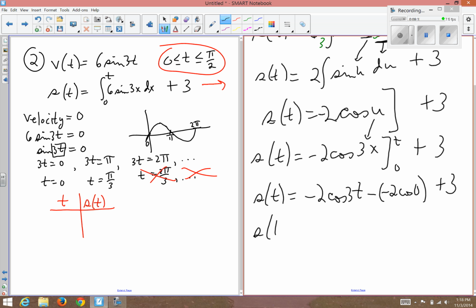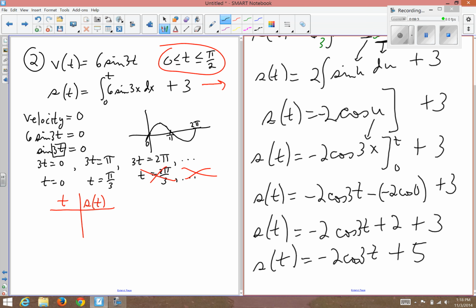So S of t equals negative 2 cosine 3t plus 2, since cosine of 0 is 1, plus 3. So S of t equals negative 2 cosine 3t plus 5.